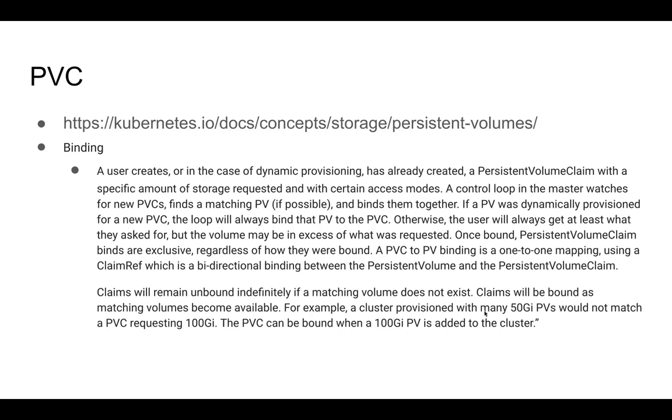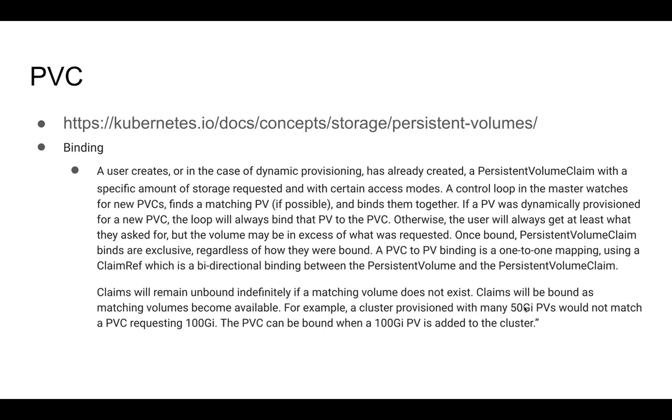For example, a cluster provisioned with a 50 GB persistence volume would not match a claim requesting 100 GB. The persistence volume claim can be bound when a 100 GB persistence volume is added to the cluster. This is what I just explained. We're asking for 100 GB, but the whole volume itself is 50 GB. You will not get it.